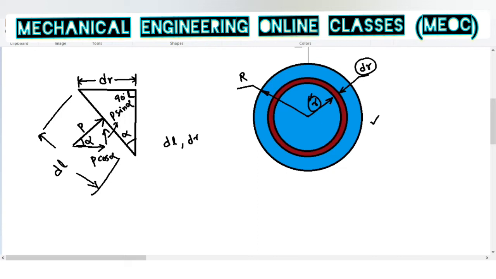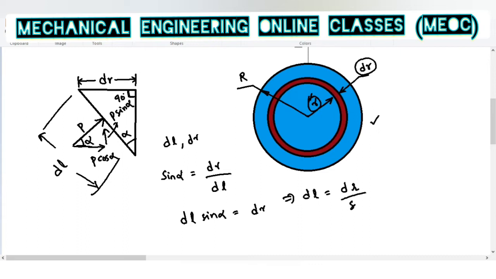From the right angle triangle, sin alpha is the opposite side dr divided by the hypotenuse dl. So dl sin alpha is equal to dr. If I want to find dl, then it is dr divided by sin alpha, or dr into cosecant alpha.